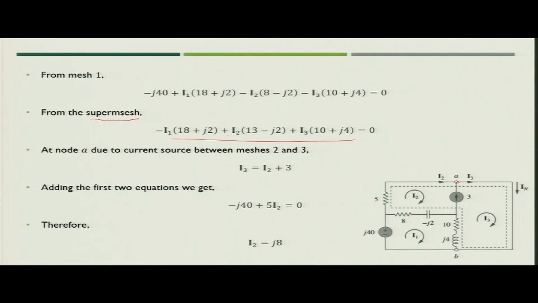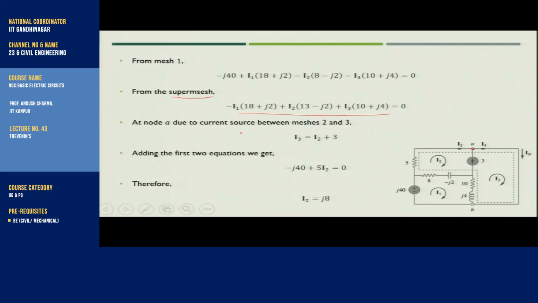Now, if you see node A, you apply KCL at this particular node. So, you can say that the value of I3 equal to I2 plus the value of current source, that is 3. So, I3 will become now I2 plus 3.